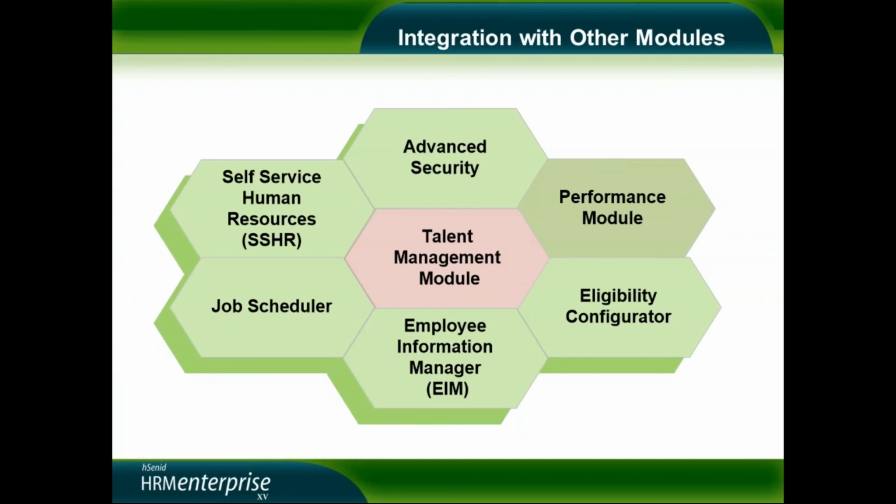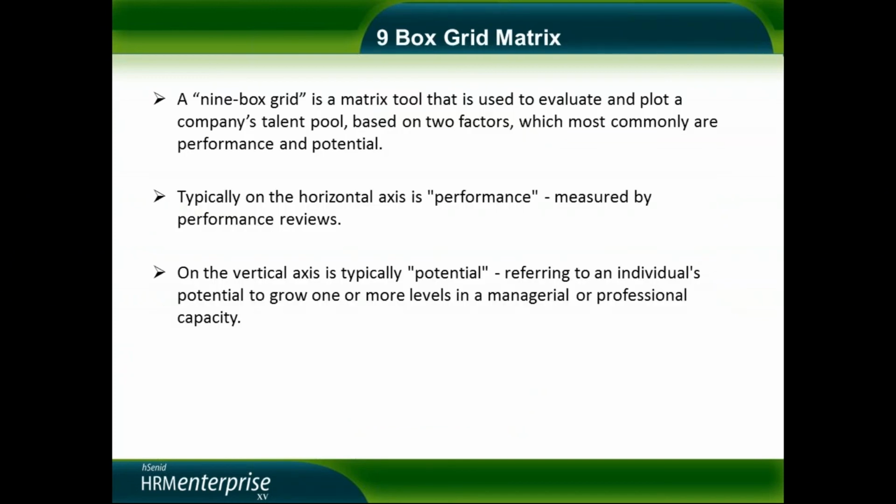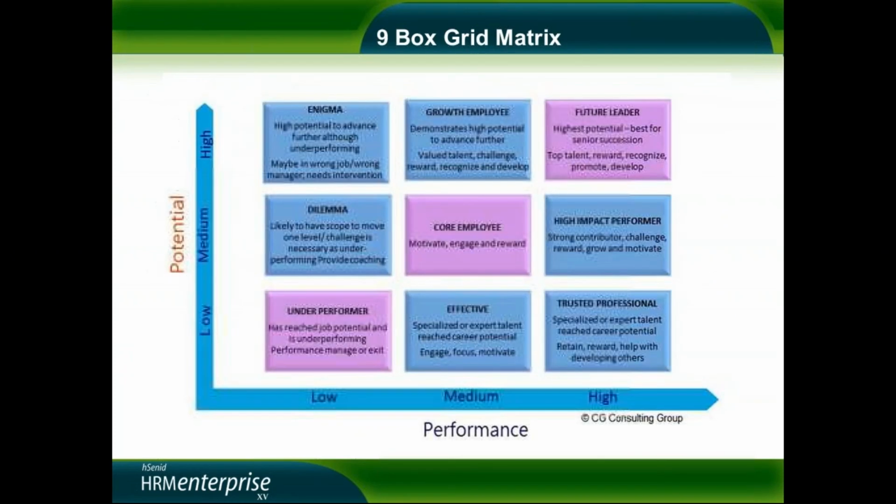In addition to that, we use the job scheduler module to generate alerts, and the advanced security module to control the security and the accessibility to the menu items of the module. So these are the modules you have to have to perform a talent cycle. Okay.